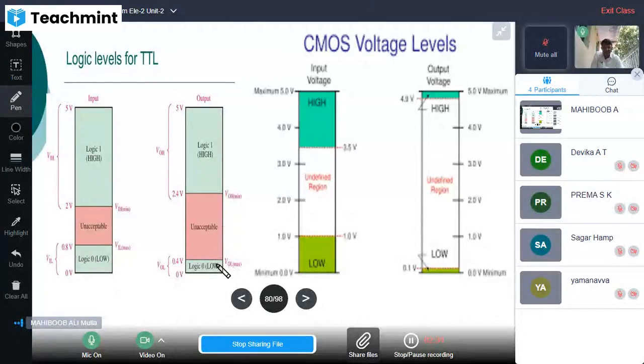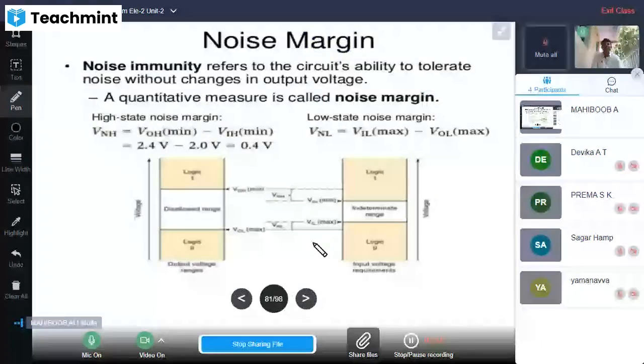VOL max is 0.4. So 0.8 minus 0.4, 0.4 volts is the logic margin. In this way, noise immunity is the ability of the circuit tolerance when changes from input to output. So these are about noise margin.